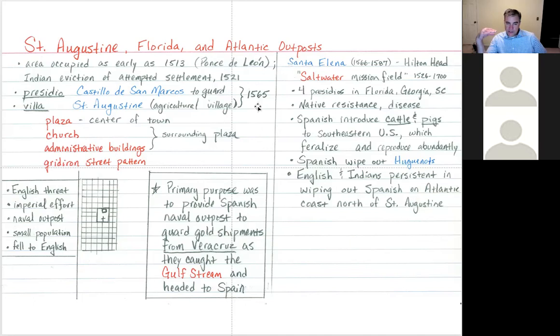And in 1763, when Spanish Florida was turned over to the British in the Treaty of Paris, it was the British turn, mostly Scottish traders, who came in and took the place of those Spaniards.